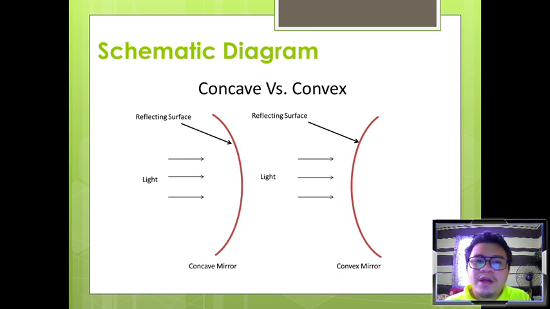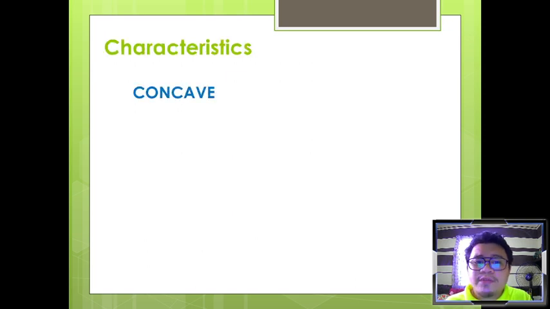Now, as I've said, different image characteristics can be formed depending on the shape of the curved surfaces in each type of spherical mirror. So what exactly are the differences between the images that are formed in these spherical mirrors? First, the concave mirror is called a converging mirror because it is used to focus or concentrate light rays.